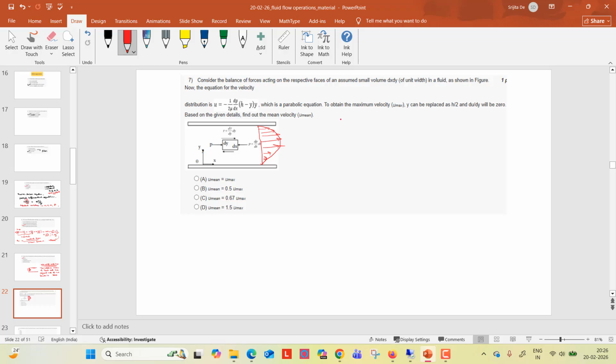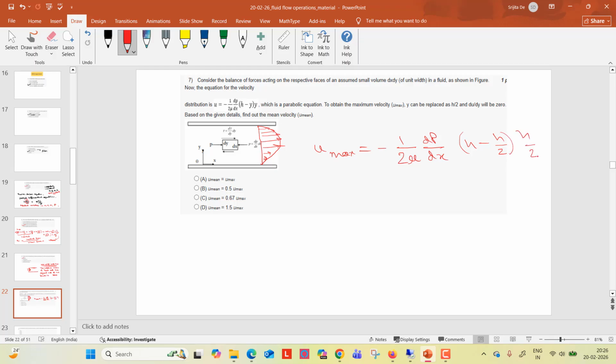So if u is given like this, we replace y with h by 2. So what will U max be? U max equals minus 1 by 2 mu dp/dx times (h minus h by 2) into h by 2, right?